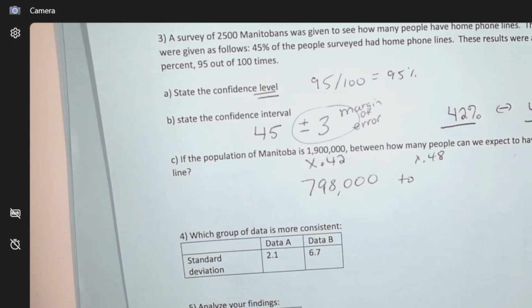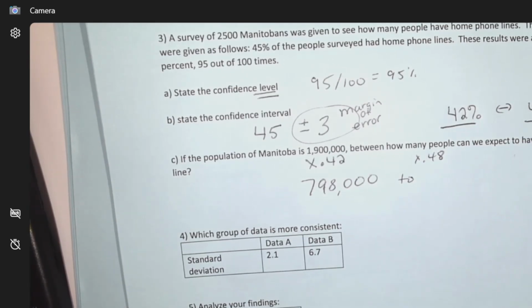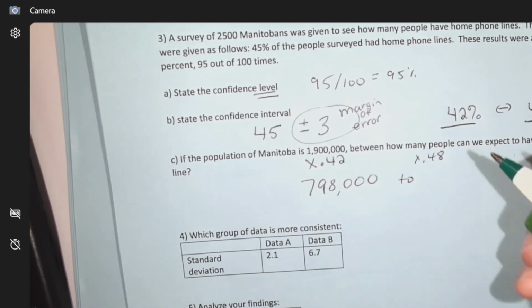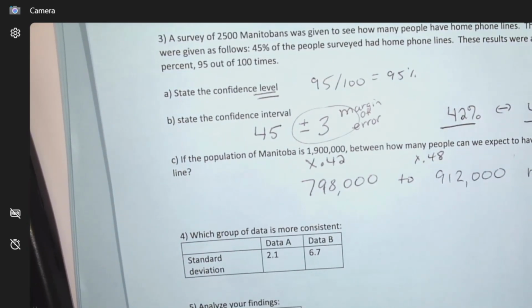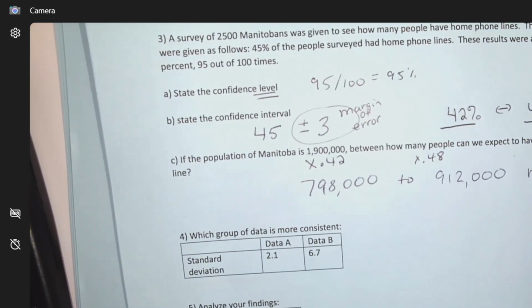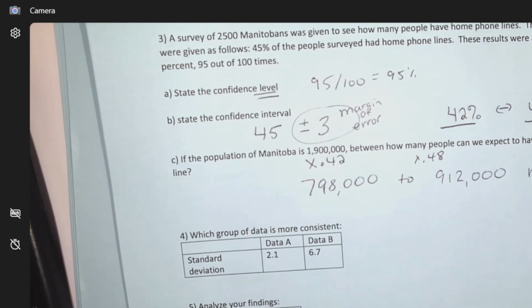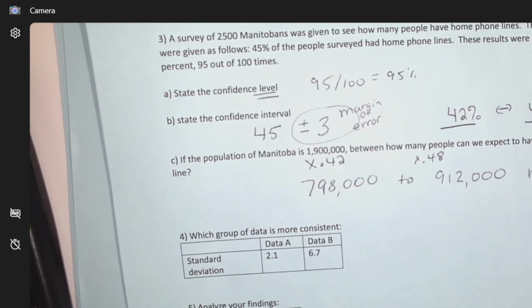Because on the bottom end, we expect 42% of these Manitobans to have a phone at home, and on the top end, we expect 48. So that's how many Manitobans we can expect.